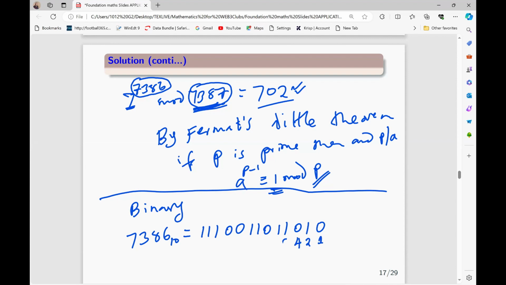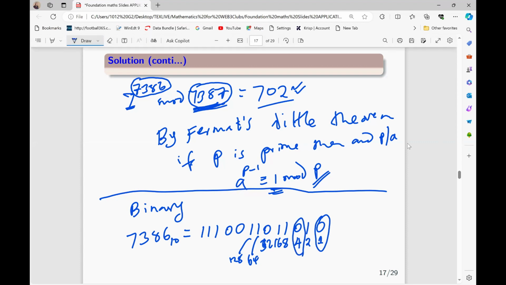When you raise to power 8, 16, 32, 64, 128, and so on as we go this way. So you can see where there's a 0, that number was not used.